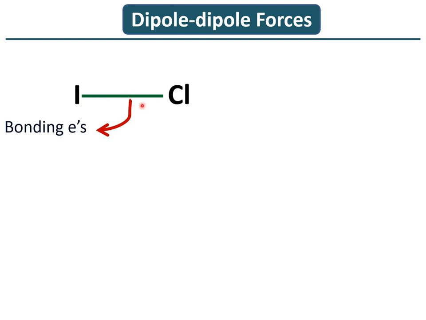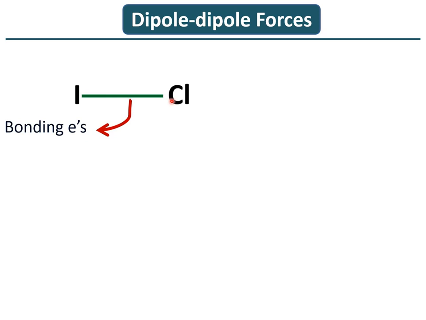Due to the difference in the electronegativity of iodine and chlorine, chlorine is higher in electronegativity, because chlorine is in the second row after fluorine. So fluorine has the highest electronegativity, chlorine is next, and then iodine.